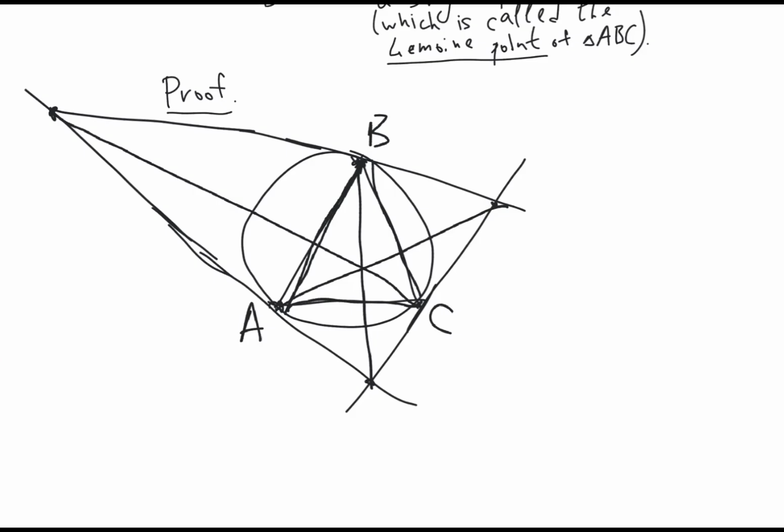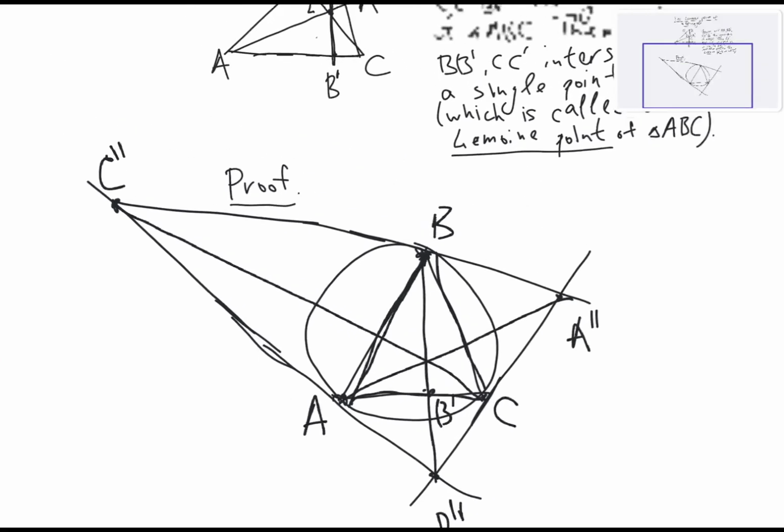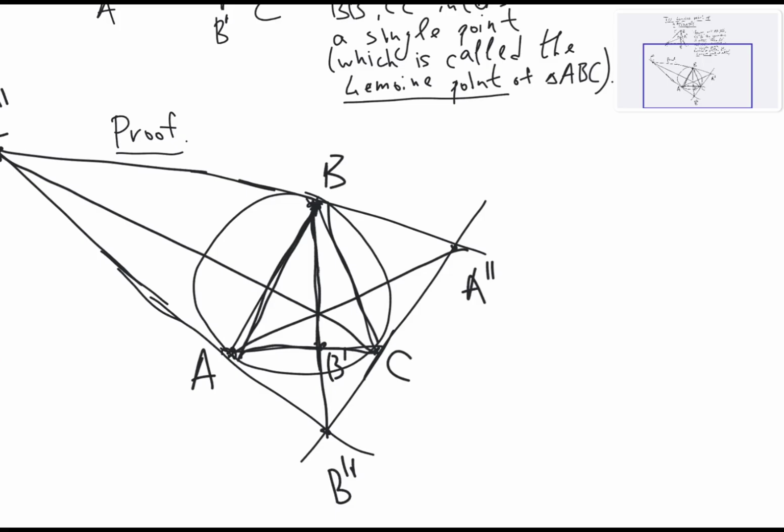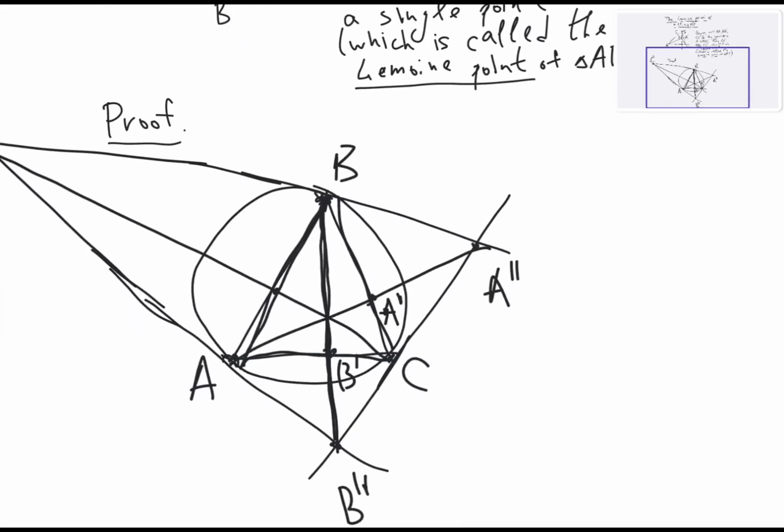If we denote the tangential triangle as A2 prime, B2 prime, and C2 prime, then BB2 prime is exactly the symmedian. The intersection points with the sides are exactly these points A prime, B prime, and C prime.